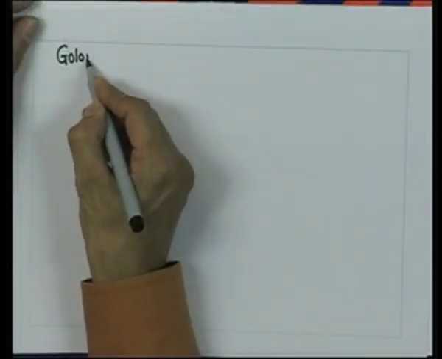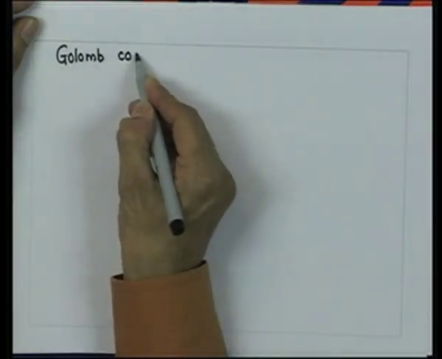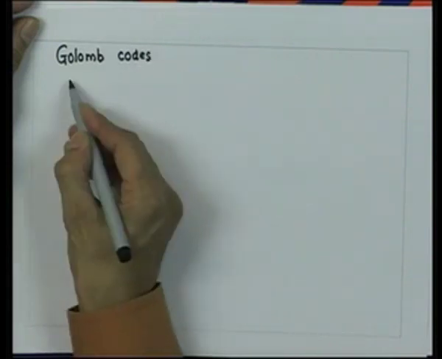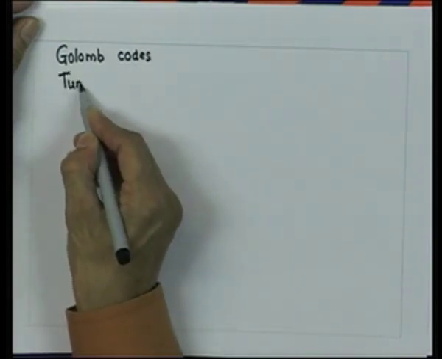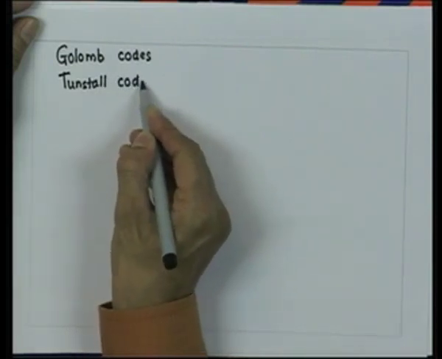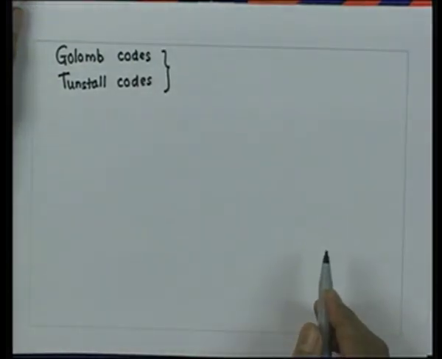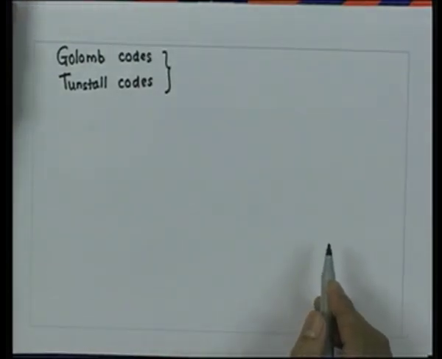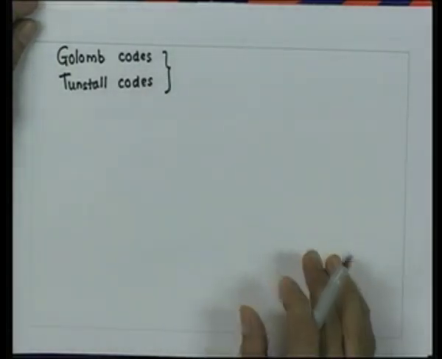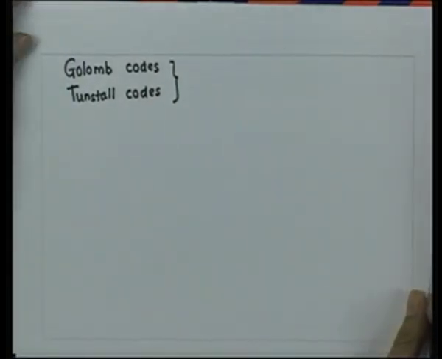One is what is known as Golomb's algorithm, that is Golomb's codes, and another one is Tunstall codes. Both these codes are becoming increasingly popular. So, we will discuss these codes next. So, let us take first the Golomb codes.